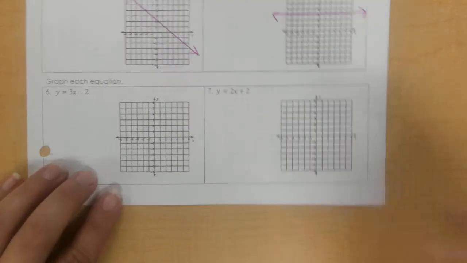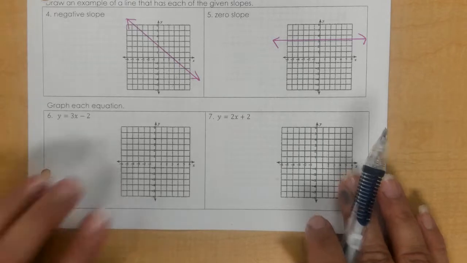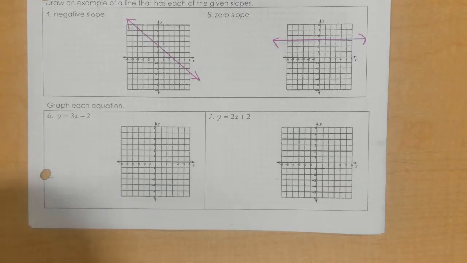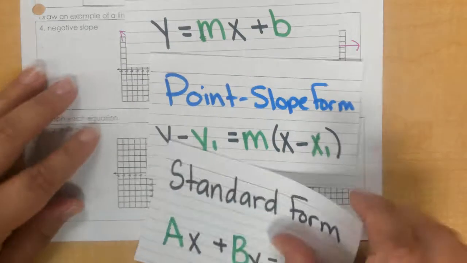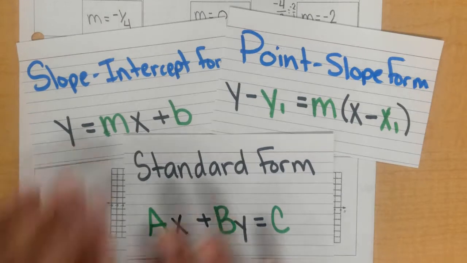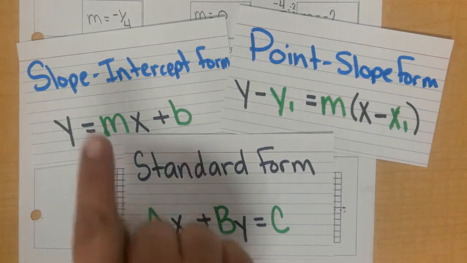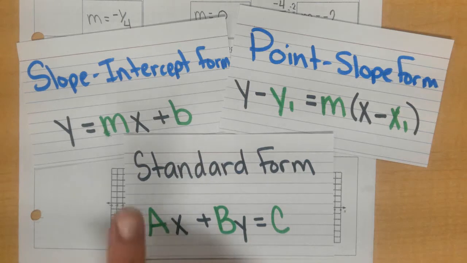Then for 6 and 7, for these, you have been taught different equations, okay, to graph a line. And so you have to compare the equations to what you know about these 3 types: slope-intercept form, point-slope form, and standard form.